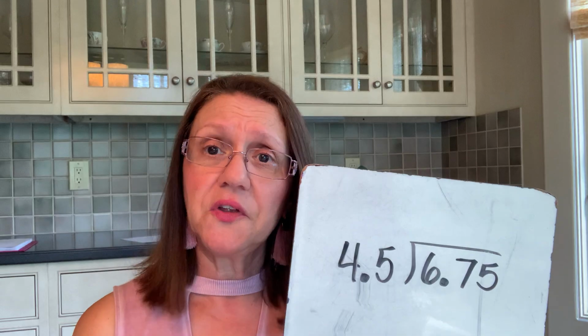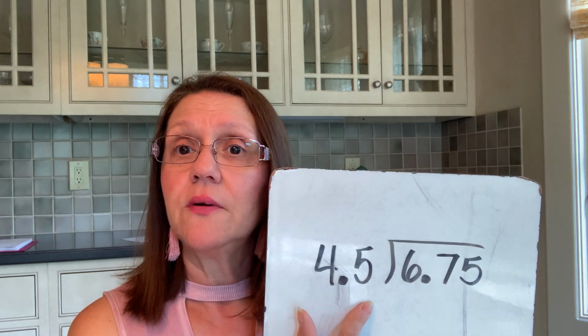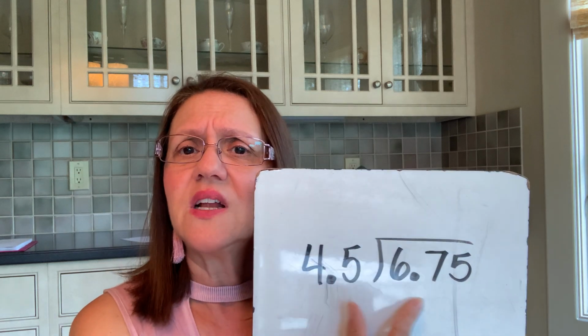Well, if you think about the tens trick, if we were to multiply this by, in this case, 10, I would have 45. But whatever you do outside the box, you have to do inside the box. So I'm going to multiply out this decimal and multiply this as well to keep things even.